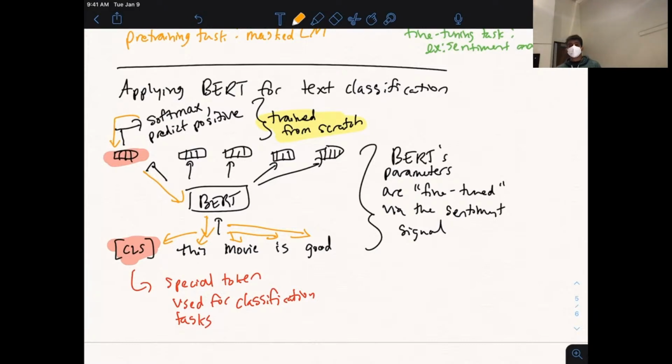I'm not sure if that is what your question was about, but I see some in YouTube: ELMo could be used for fine-tuning as well. That is true. We could have fine-tuned ELMo, but it was computationally very expensive. Fine-tuning is not, I mean, a transformer is easier to train than an RNN or LSTM model, it's more efficient, but nothing else makes it more specialized.